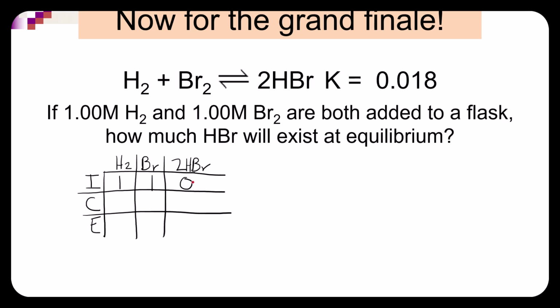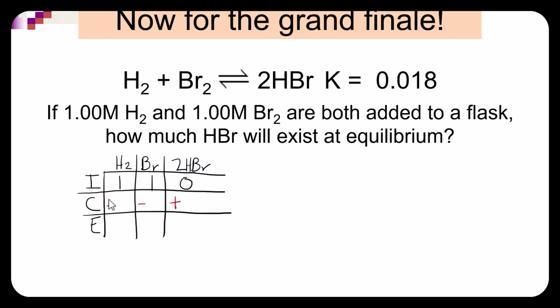Looking at this, I see that my product is 0, so there's only one way for that to go, and that is up. So this is going to be a positive change. If my product is going up, then these two are going to have to be negative changes. They're going to have to go down. We use those up to make the product, right? So both of these are going to be minus.